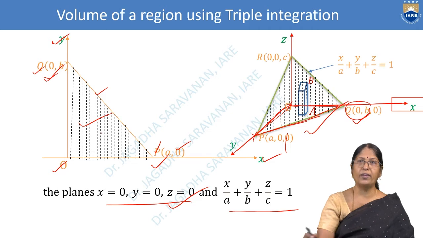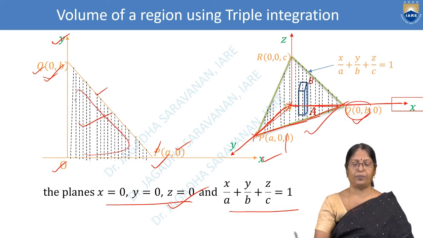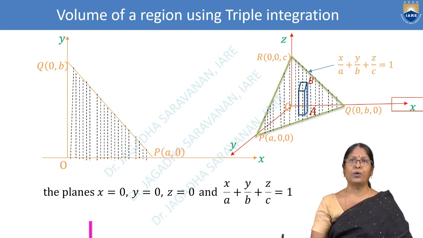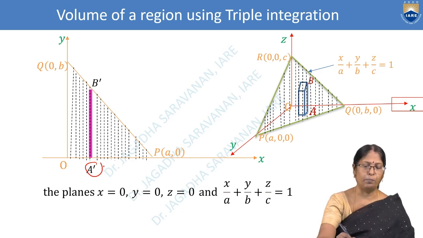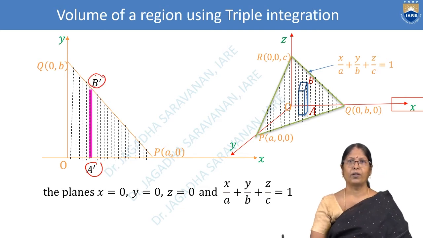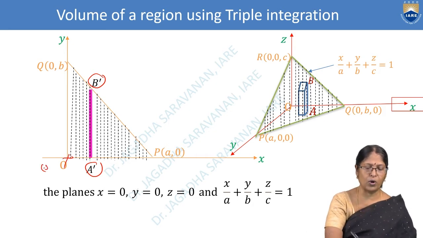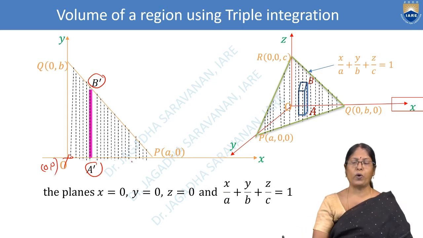The vertical dotted lines here, this we have to evaluate. For that, we are going to take a vertical strip. That vertical strip we are naming A dash and B dash. From here, this is the origin (0, 0), and this is the XY plane.